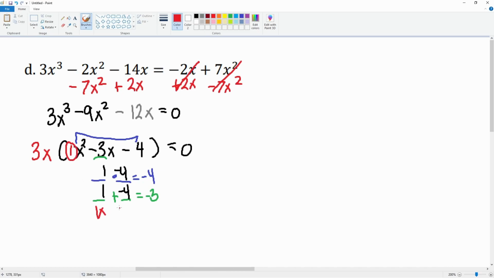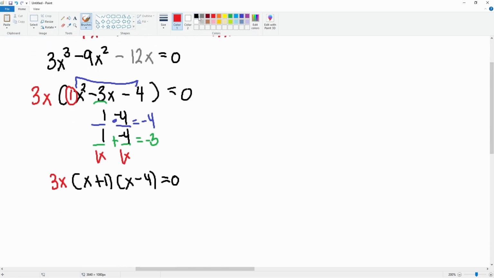So divide by 1x. Now you get the factors of x plus 1 and x minus 4 equaling 0. Don't forget to bring down that GCF of 3x. Now you set each term equal to 0. 3x is equal to 0, x plus 1 equals 0, and x minus 4 is equal to 0.